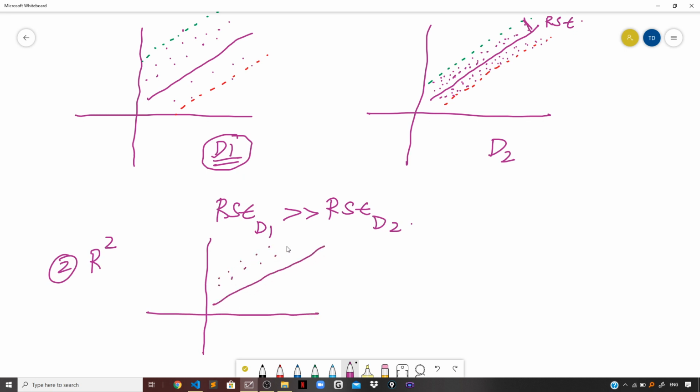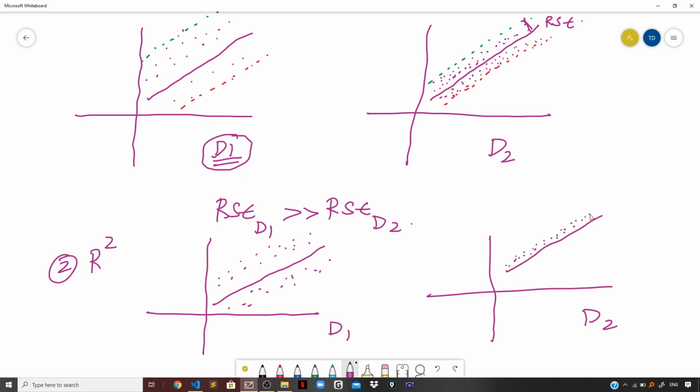Here we have a variable point density, and for dataset D2, let us have a dense point density. So the points are more dense in the case of dataset D2, and they are more variable in the case of dataset D1.